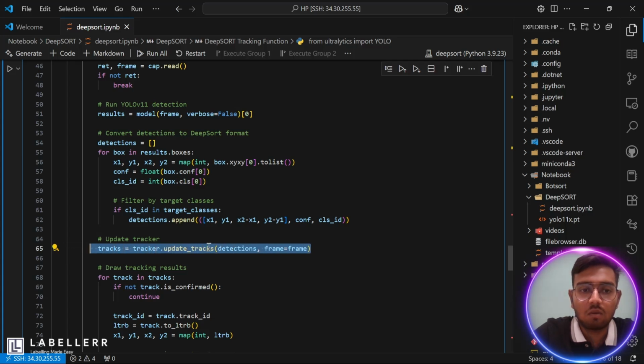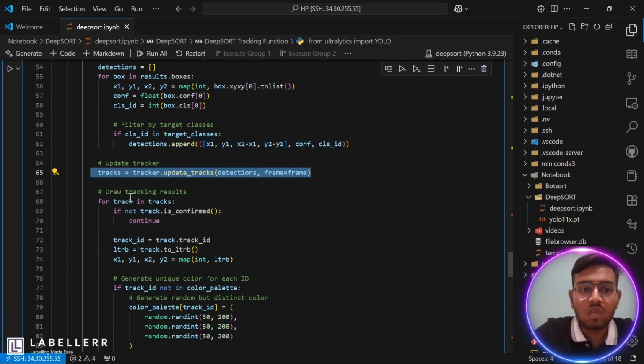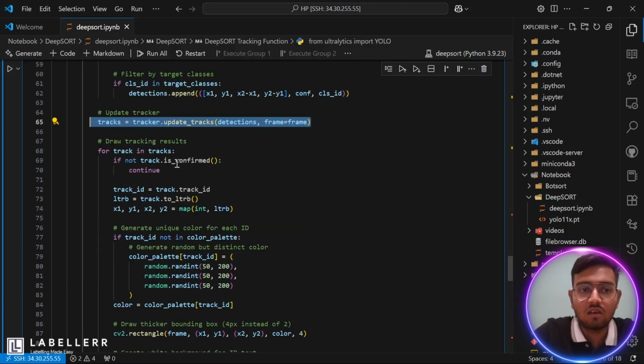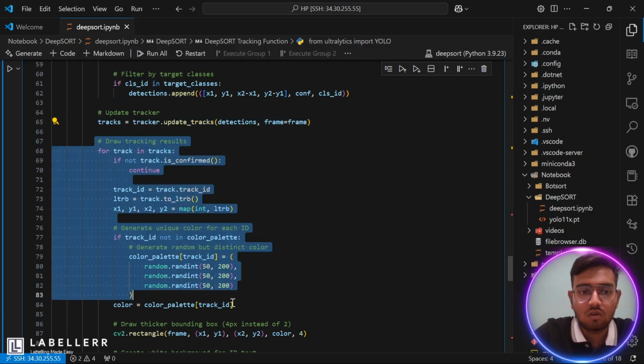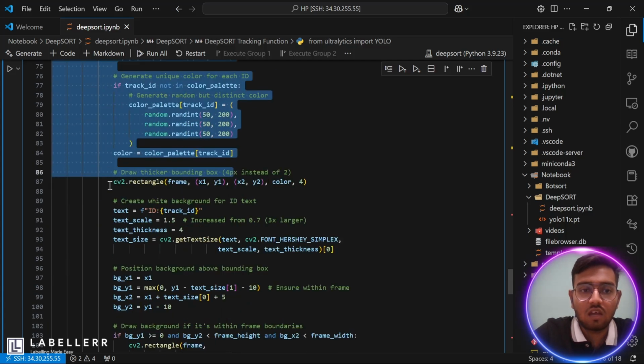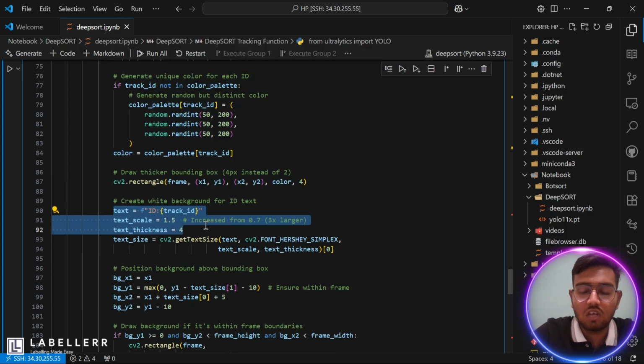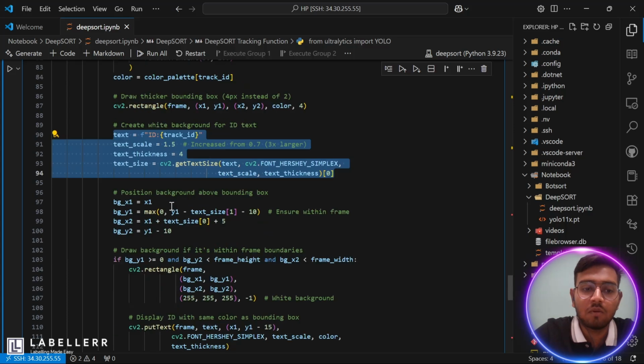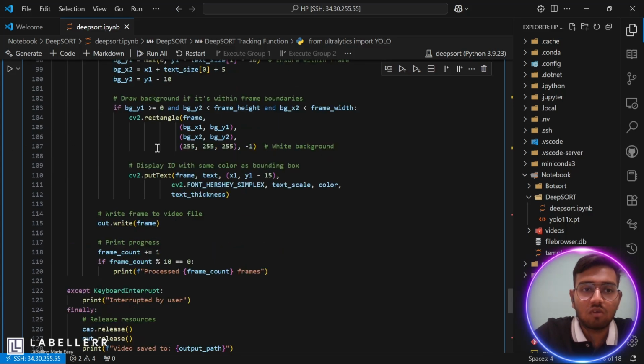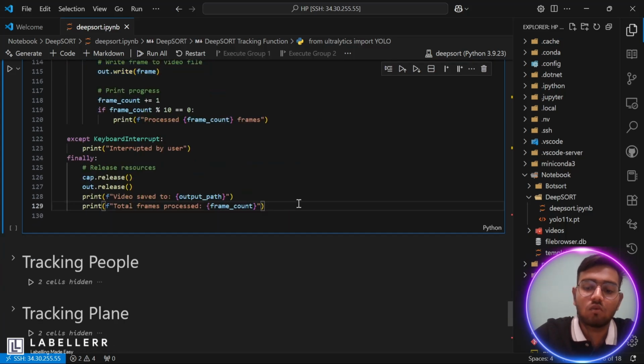Using the deep sort tracker, I am updating the tracker based on the detections and the frame, and for each confirmed track, I am drawing bounding boxes using this part of code, and then providing each ID. The ID is already provided by the tracker algorithm. Then I am saving this into a video format. Now let's run this code.